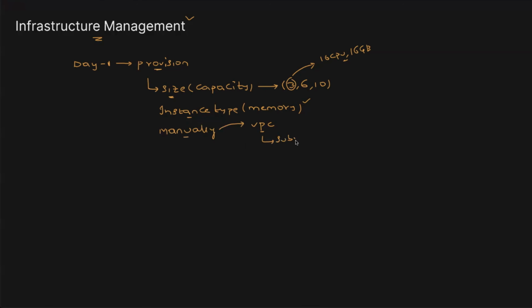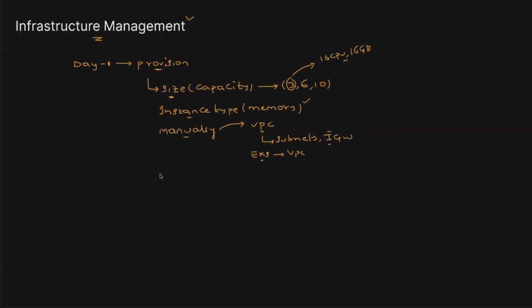It can be subnets, it can be route table, internet gateway, NAT gateway, and finally provisioning a Kubernetes cluster using EKS within the VPC. So it takes a lot of time and effort to provision a cluster manually. And each step has to be verified multiple times so that the provisioned cluster is not misconfigured.